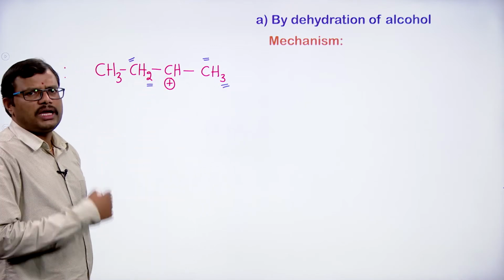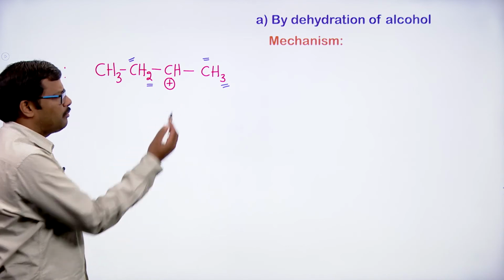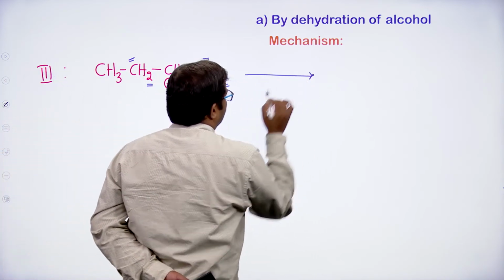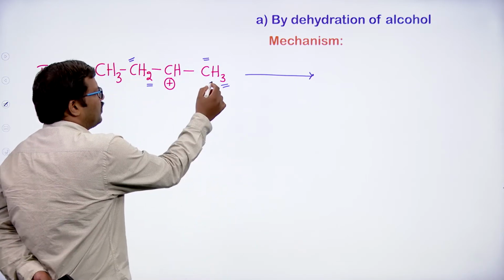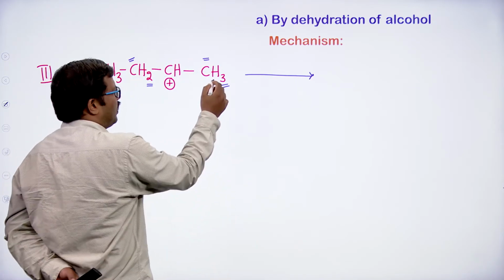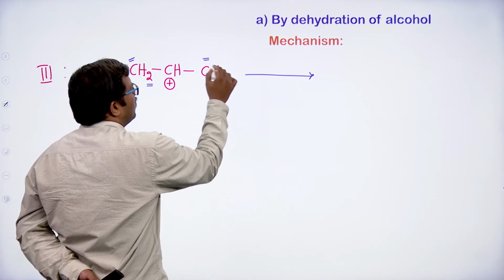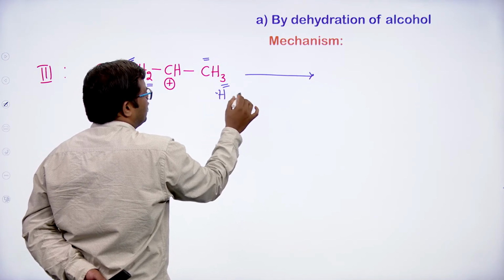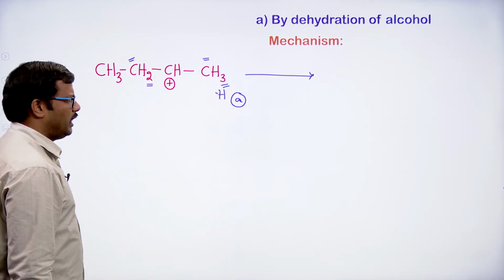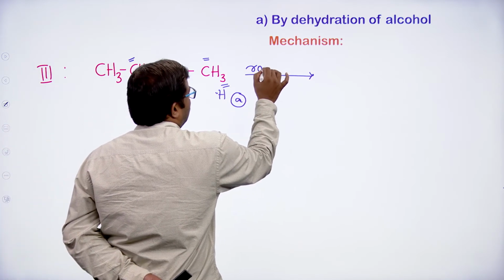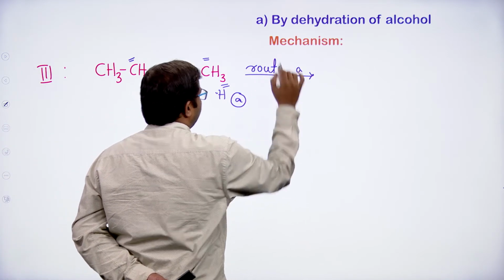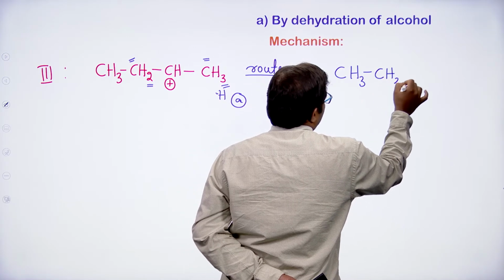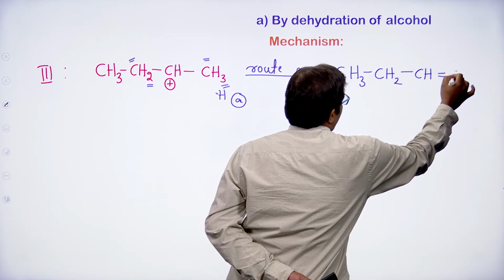So, in that case, which hydrogen is to be lost so that we can end up with the formation of an alkene? Suppose this is losing the proton, the hydrogen is lost from here, and this is route A. So, in the route A product, we get CH3, CH2, CH double bond CH2.